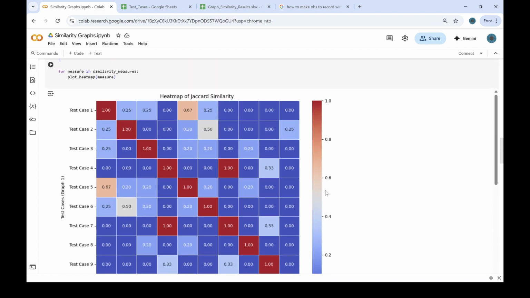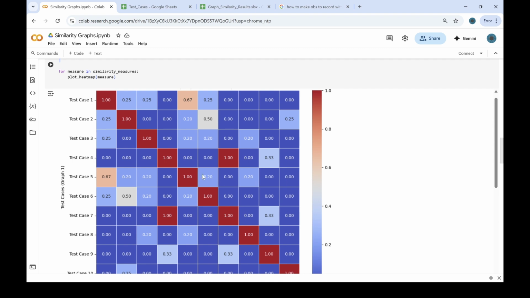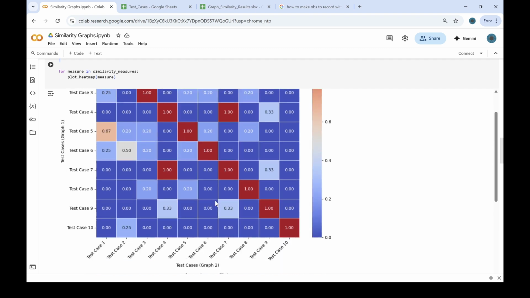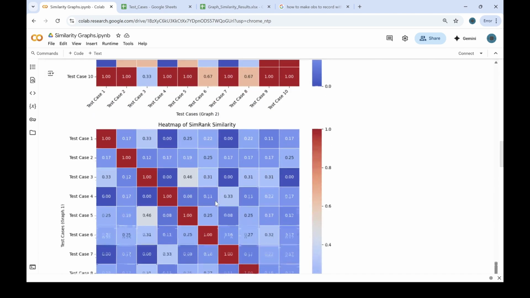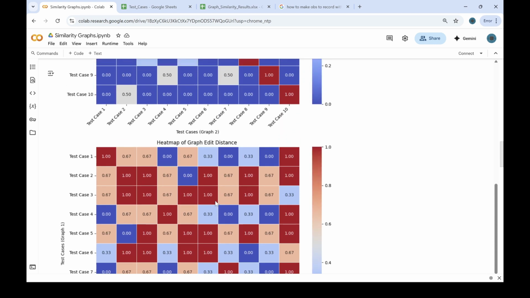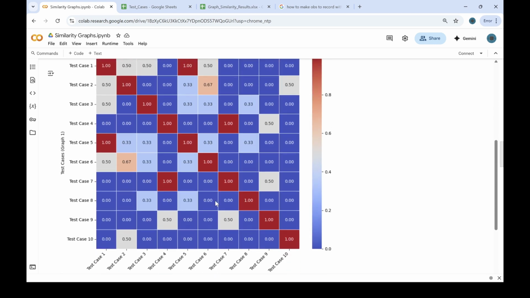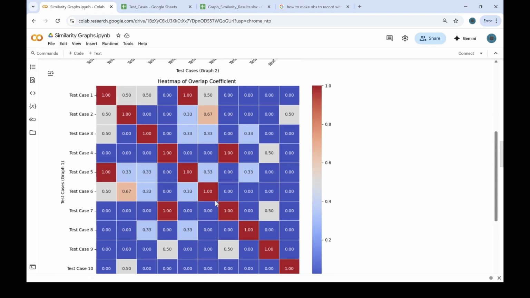Coming to this heat map of Jaccard similarity, which measures edge level commonalities between call graphs. And here the darker cells represent higher similarities. Not only for this, for all four graphs, the darker cells represent higher similarity, helping us quickly visualize clusters of structurally related test cases.